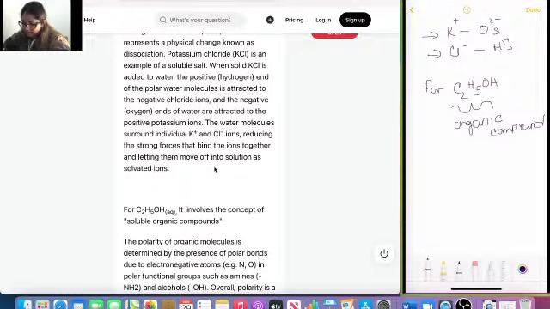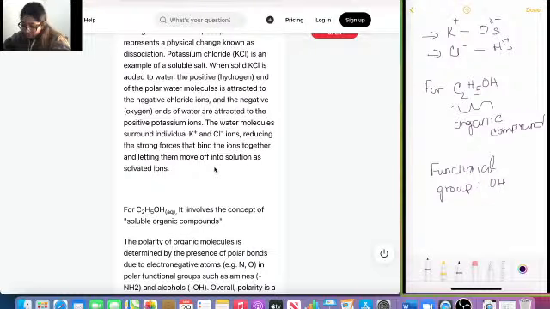Okay, and so because we have carbons here and hydrogens, the polarity of an organic molecule is actually determined by the presence of the polar bonds to the electronegative atoms. In this case it would be oxygen, and the polar functional groups, right? And we have our functional group here, which is OH, a hydroxyl group, or alcohol.